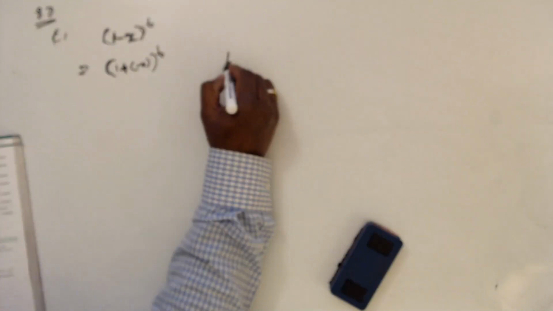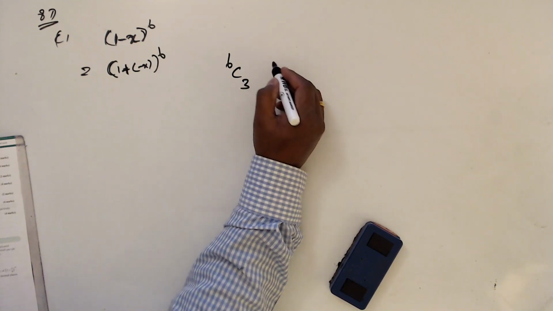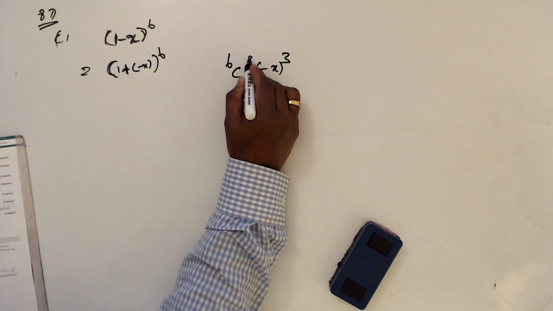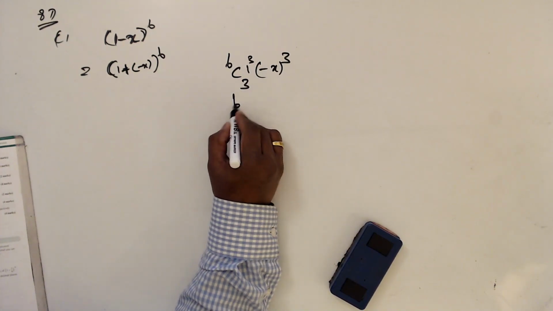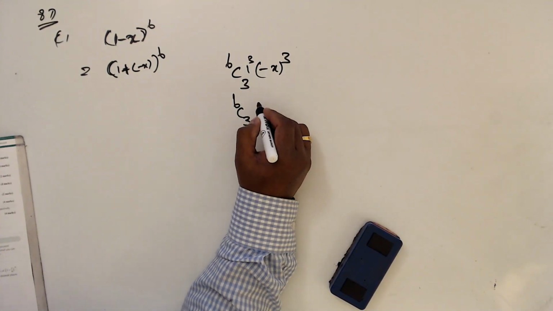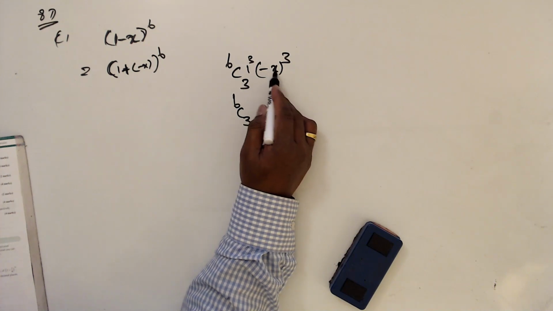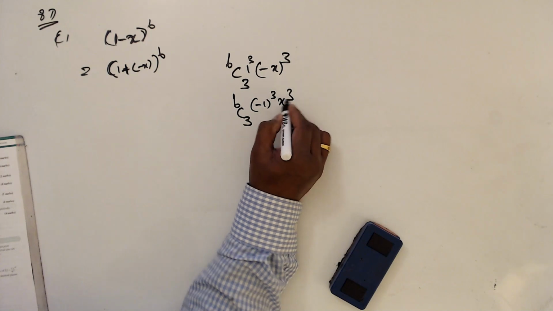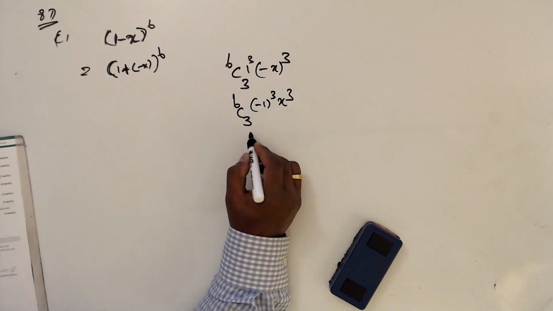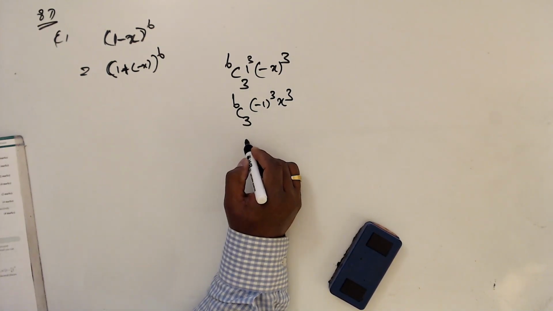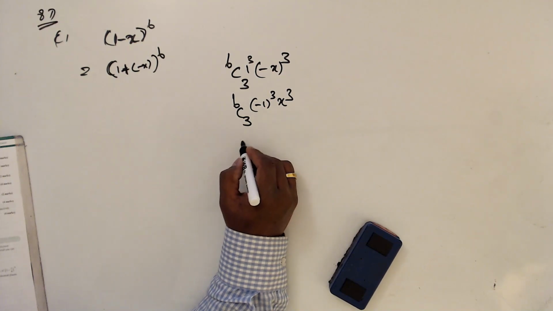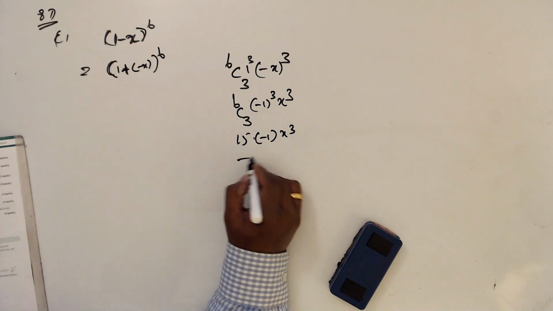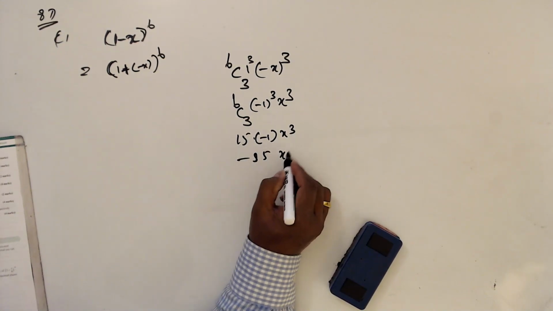So 6c3, minus x cubed and 1 cubed. Basically the coefficient is of x cubed, and this is going to be minus 1 cubed x cubed. So 6c3 is going to be 15, and this is minus 1 x cubed, so minus 15 x cubed.